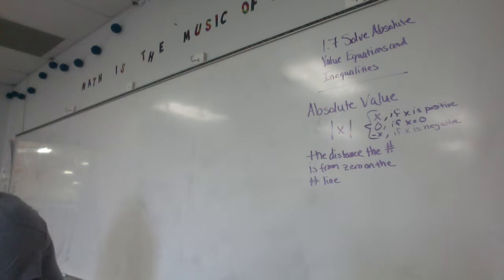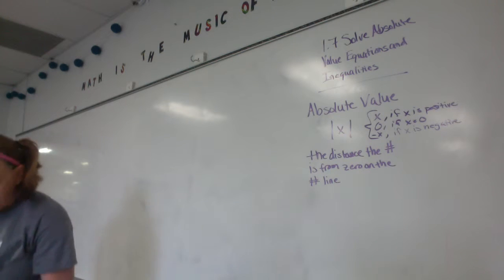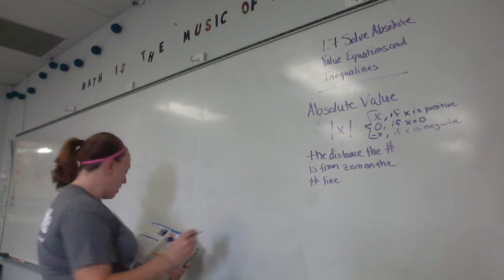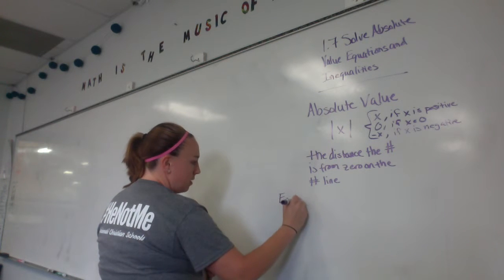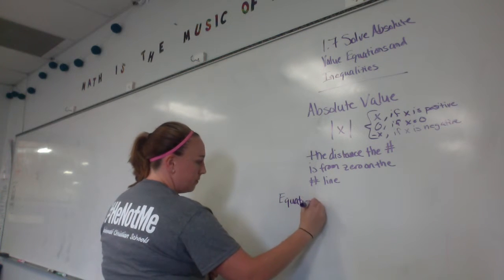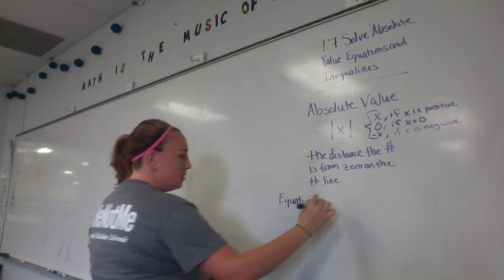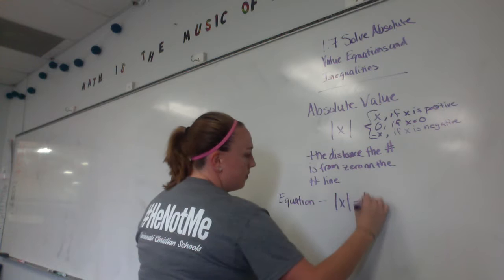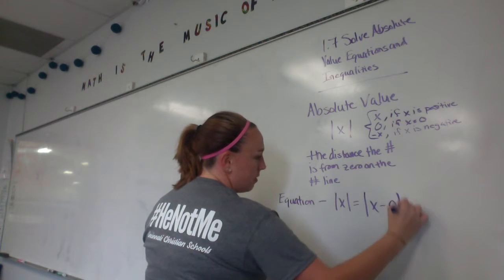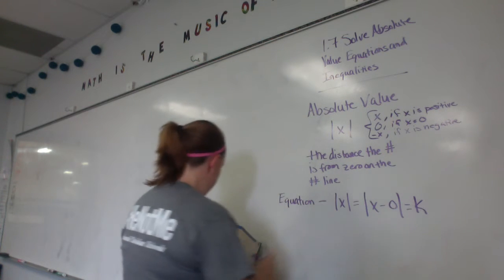So with that, you have absolute value equations. You have something that looks like this, an equation that would state the absolute value of x. Another way we can write it is the absolute value of x minus 0 equals k.